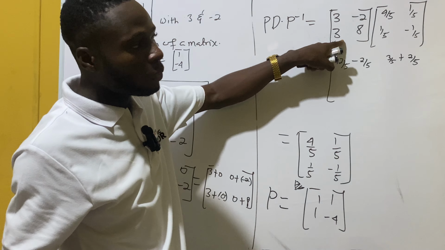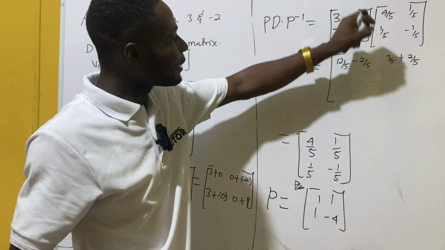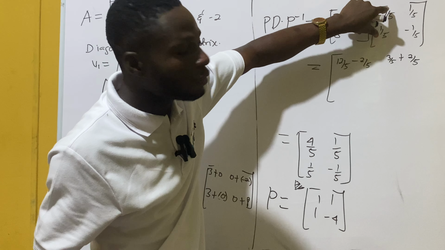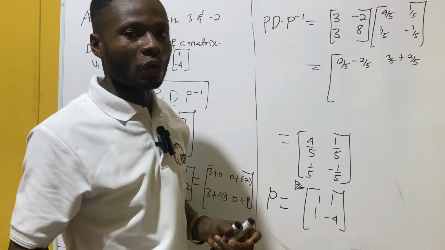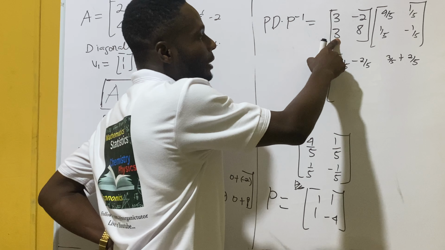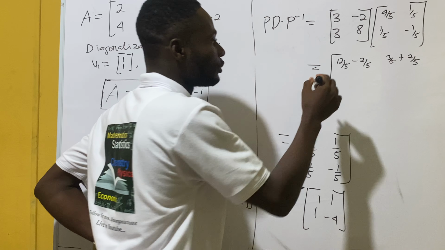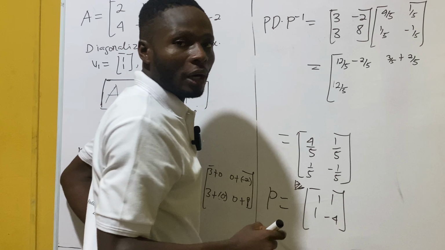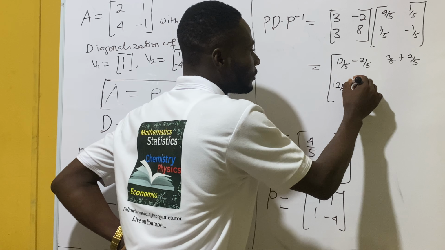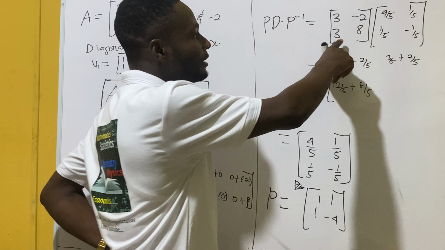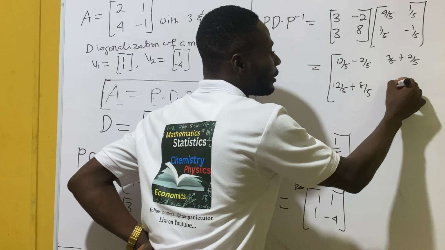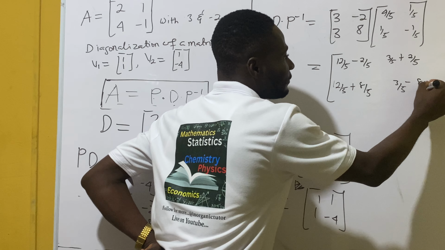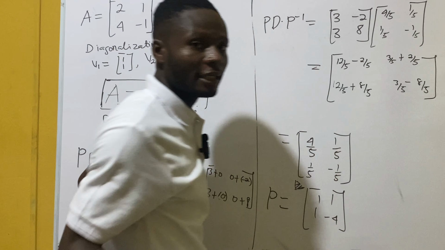Then we take the second row and match it with the first column, and then the second column as well. The first element will be 3 times 4 on 5, that is 12 on 5. Then 8 times 1 on 5 is 8 on 5. Then 3 times 1 on 5 is 3 on 5. And 8 times negative 1 on 5 is negative 8 on 5, right?